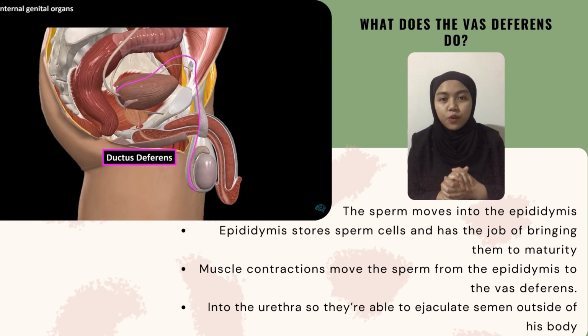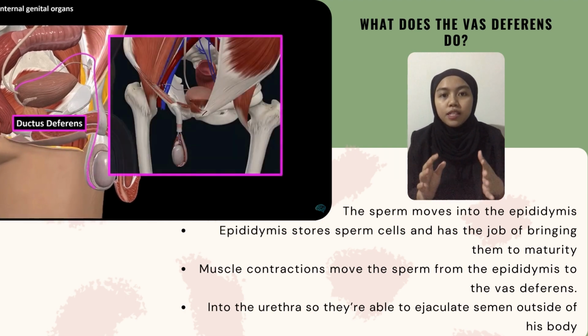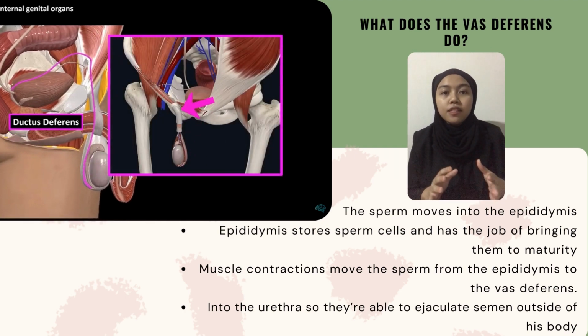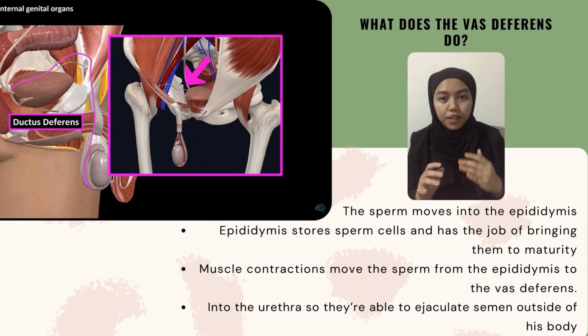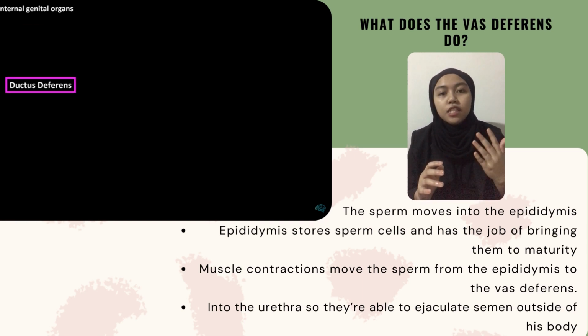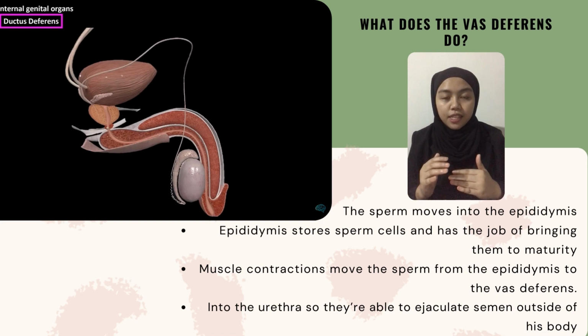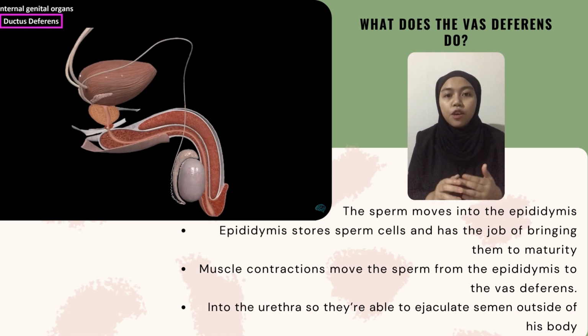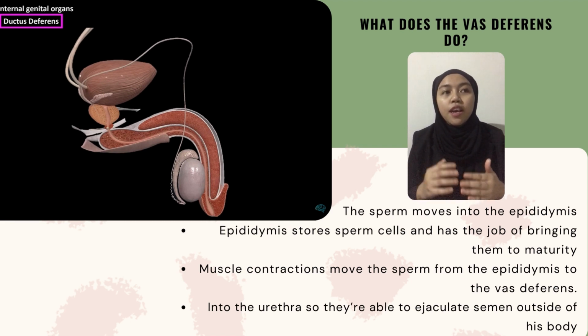And then the next one, what does the vas deferens do? The male testes are the place where sperm cells are created. From there, the sperm move into the epididymis, a structure located on top of the testicle. The epididymis stores sperm cells and brings them to maturity so they are able to fertilize eggs.